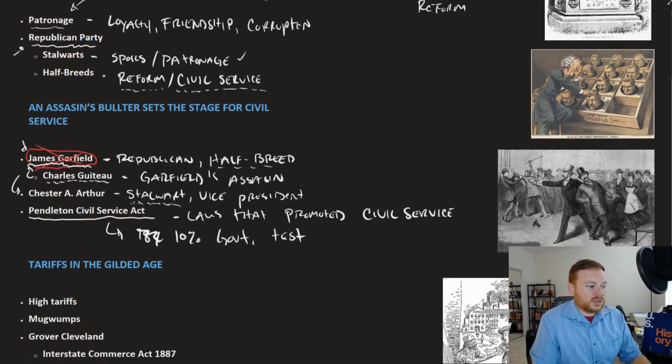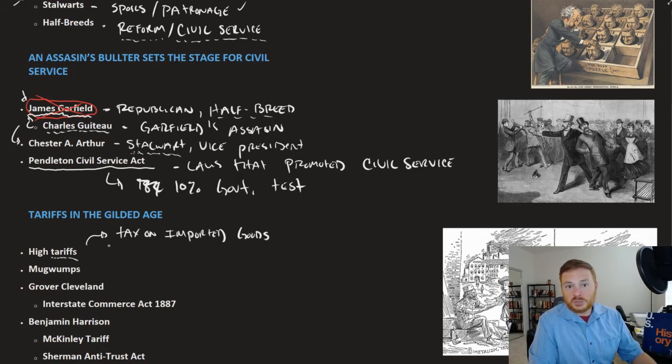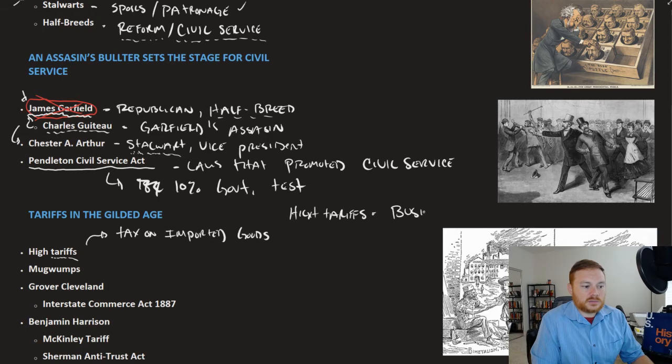The second main issue of the Gilded Age was the issue of tariffs. If you're not familiar, a tariff is a tax on imported goods. And really the way that tariffs played out, especially during the Gilded Age, was that high tariffs were favored by business.